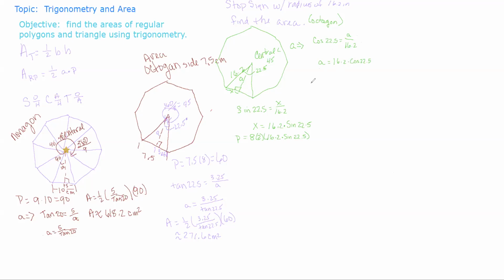So then to find the area of the stop sign, it will be equal to 1/2 times this expression, 16.2 times the cosine of 22.5, times this expression, 8 times 2 times 16.2 times the sine of 22.5.